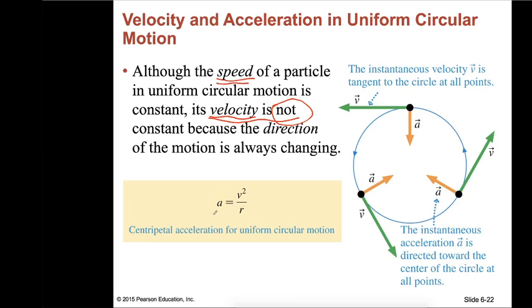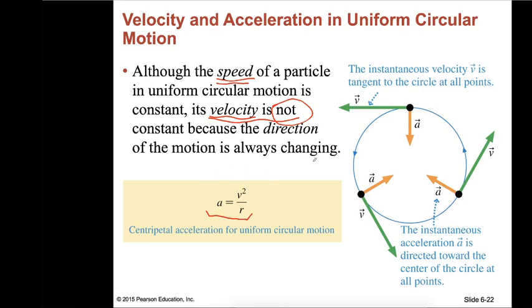And we have learned the way to calculate centripetal acceleration in the previous chapters. The acceleration is calculated with this equation, a equals v squared over r. If you forget how to derive this equation and how to use it, please go back to your previous chapters and see the details.